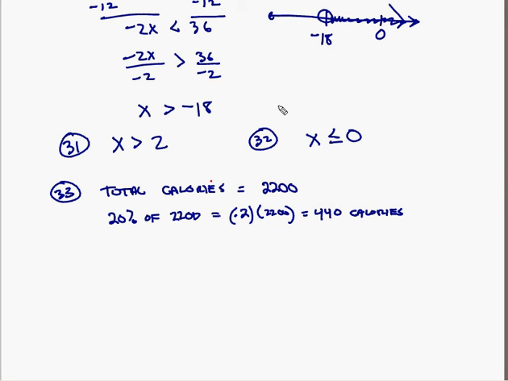There are 9 calories in each gram of fat, and we're supposed to describe the acceptable number of grams of fat this patient can consume in one day. So to find out how many fat grams, I need to take 440 and divide that by 9. 4 times 9 is 36, 44 minus 36 is 8, bring down the 0, and 8 times 9 is 72.